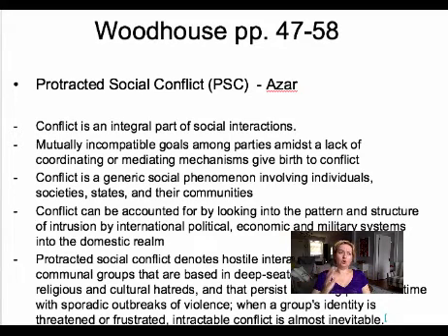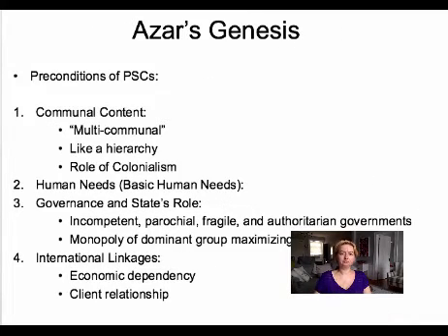So the groups that are in conflict in a certain society have a history of conflict and intermittent outbreaks of violence. So basically, when one group's identity is threatened or frustrated, then intractable conflict is almost inevitable. So this is very important.